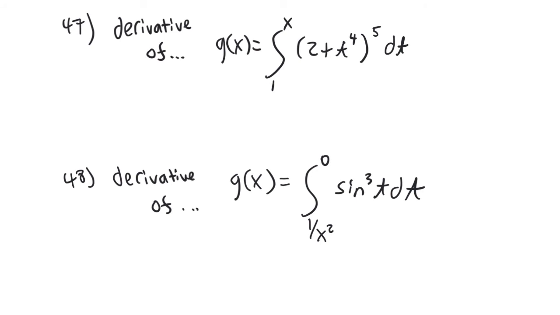Now, when you go from a constant to x, then actually yes, okay? This one, because it starts from 1 and goes up to x, when you take the derivative of this thing, you actually will maintain the expression, the function itself, only going to replace t with an x, which is pretty awesome.